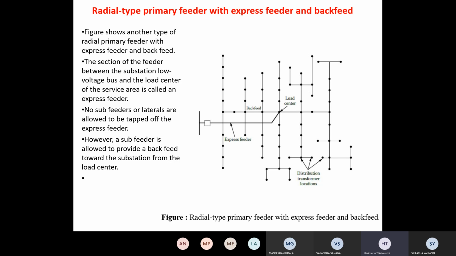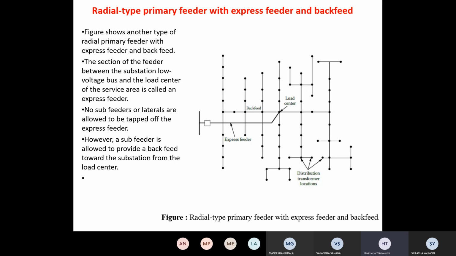However, a sub feeder is allowed to provide back feed towards the substation from the load center. So there are no tappings from the express feeder, but sometimes they may provide back feed to the substation.